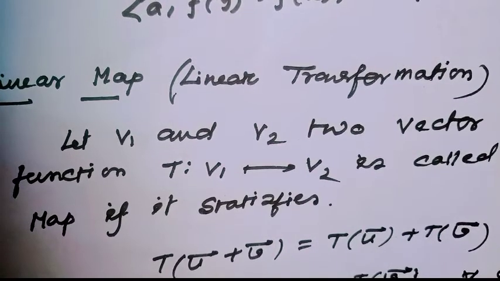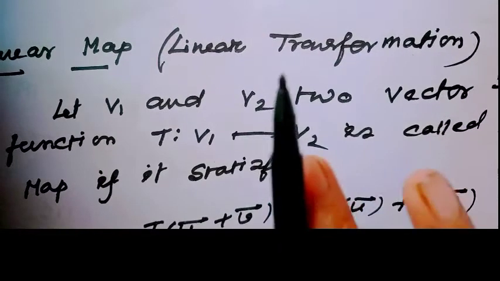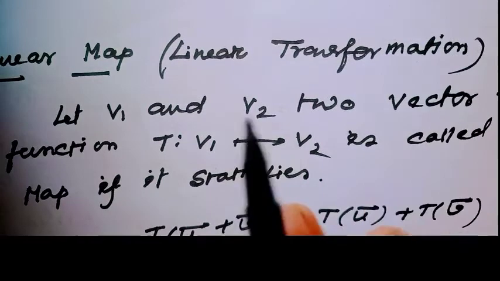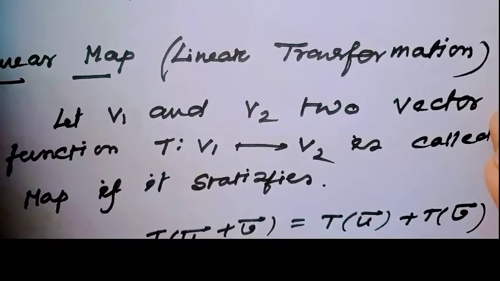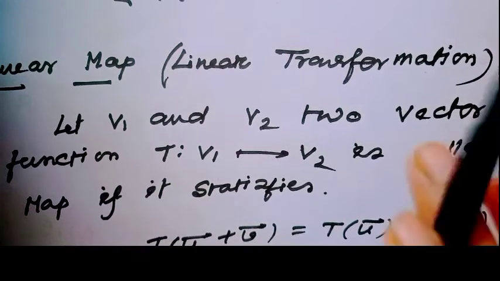Let V1 and V2 be vector spaces over the field F. That means the elements belong to a specific kind of vector. Sometimes it is a row vector or column vector, sometimes it is a space of matrices, or sometimes a space of polynomials, etc. Some vector space.